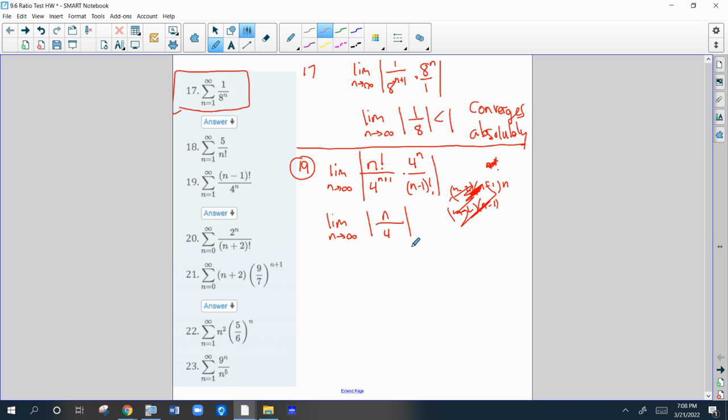Now, the limit as n goes to infinity of n over 4, well, that is definitely infinity. And if the limit is greater than 1 or even infinity, that's what the test says, you know that this diverges.